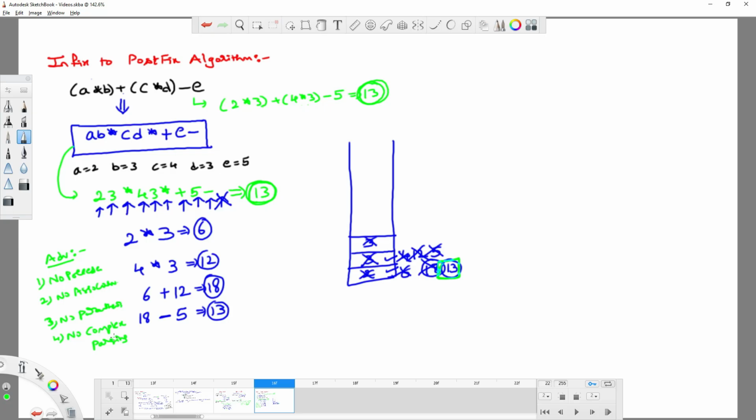So now let me show you how to write the algorithm for evaluating the postfix notation. Okay, check the algorithm.